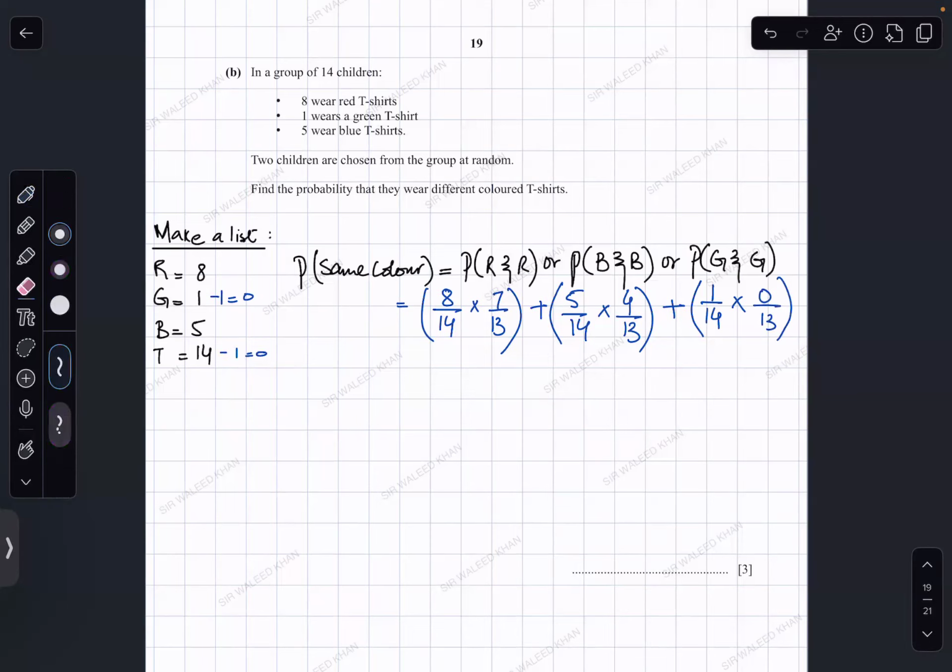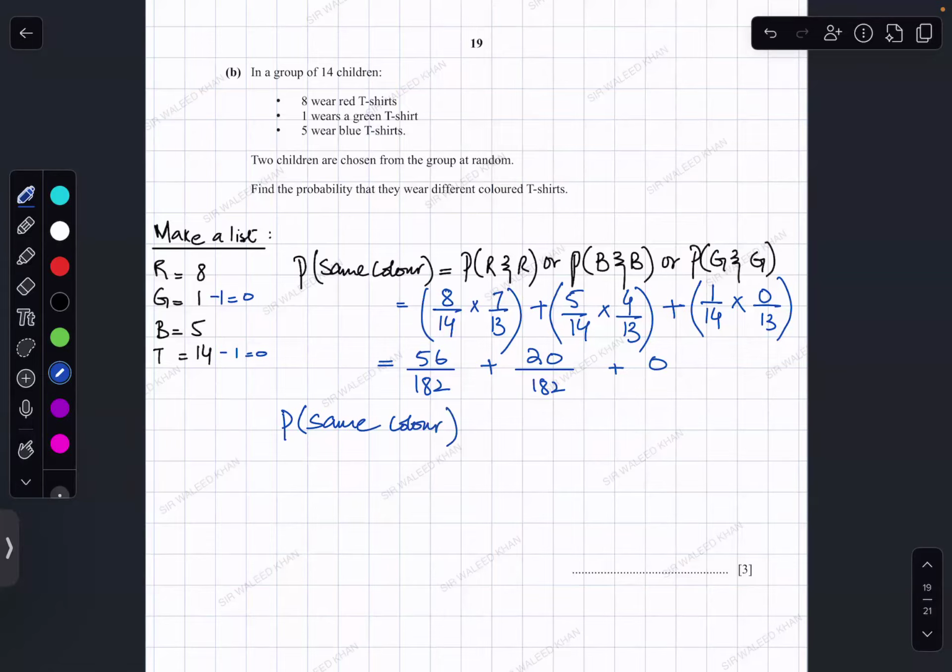So that we have 56 by 14 times 13, that is 182, plus 20 over 182, plus a 0. So this is the probability of same color. That is 76 over 182.